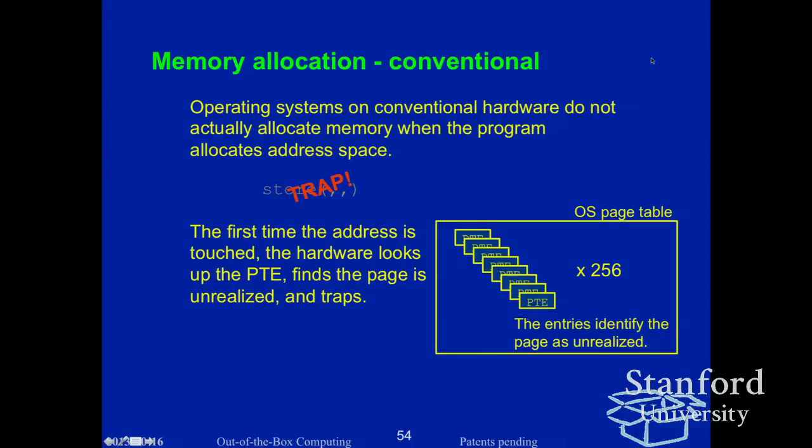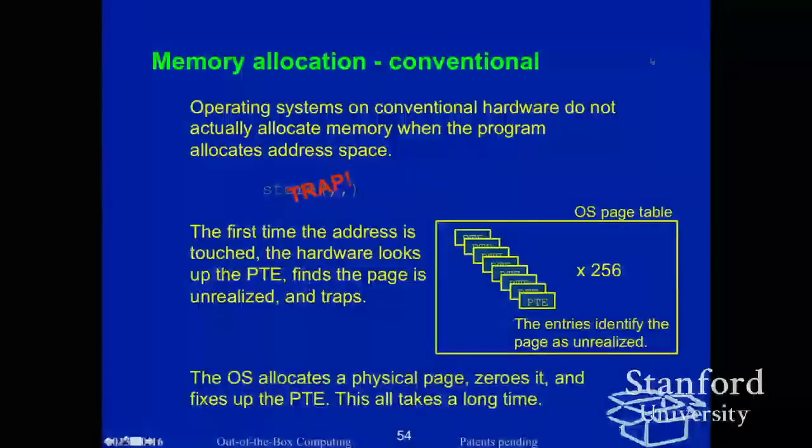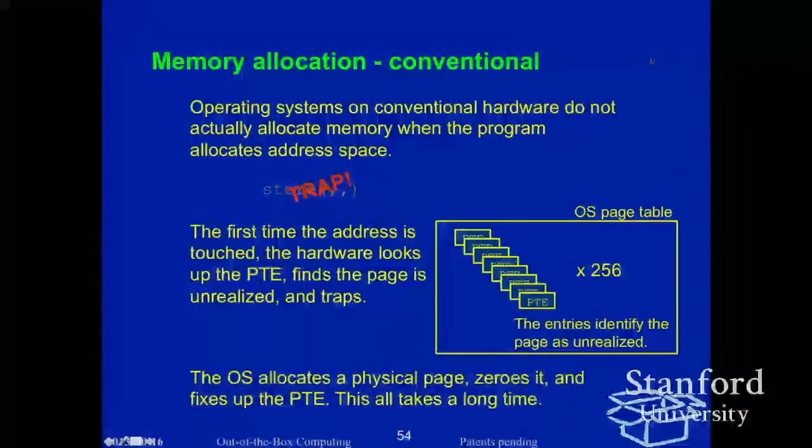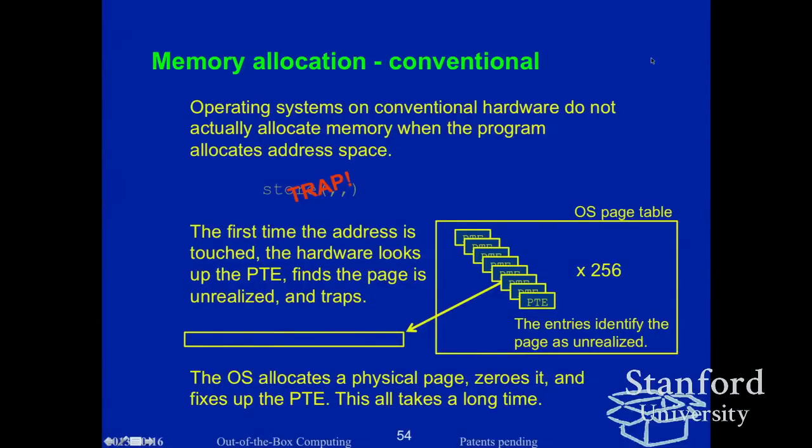There's no physical memory. Somebody's got to get me some physical memory because stores always will wind up going to physical memory, and the caches will use a physical memory address. The OS winds up allocating a physical page there, zeros it, which takes quite a long while because it has to go actually to DRAM for all of this stuff.